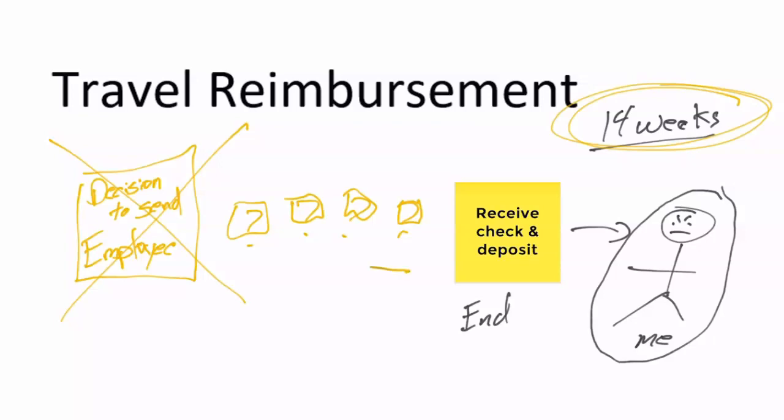If we go all the way upstream to decision to send employee, that includes things like the staffing process. It includes our sales cycle process. It includes a lot more than just the steps involved to get the reimbursement check that's taking us such a darn long time. You've got only 3 weeks to work on this initiative.